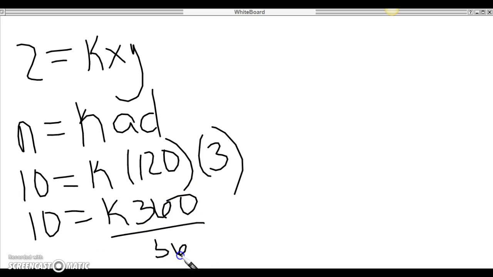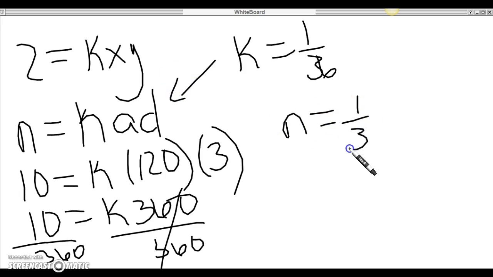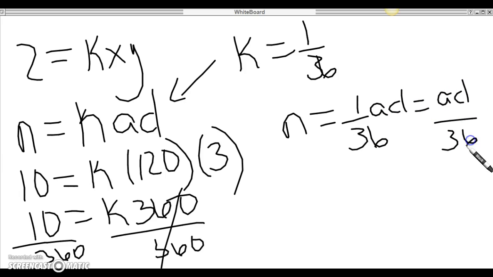Divide both sides by 360 to find K. And I get K equals 1 over 36. So I'm going to plug this back into this original. So I get N equals 1 over 36 times AD, or I can write it as AD over 36.